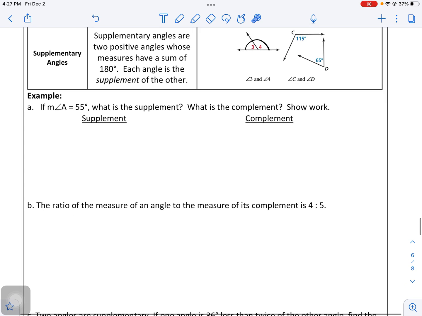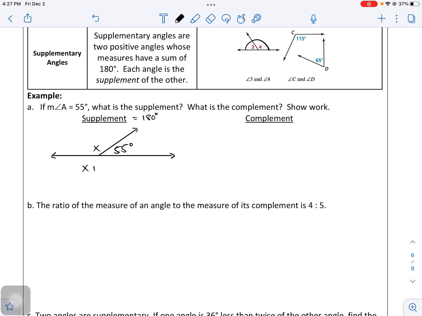In the first example, it says, if the measure of angle 1 is 55 degrees, what's the supplement? If we're talking about supplements, they total 180 degrees. So here's a picture. 180 degrees is a straight line, and we know it's two angles that add to be 180. If one of them is 55 degrees, what's the other angle?